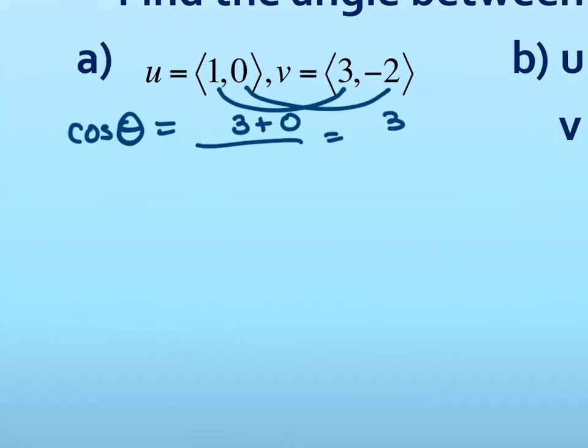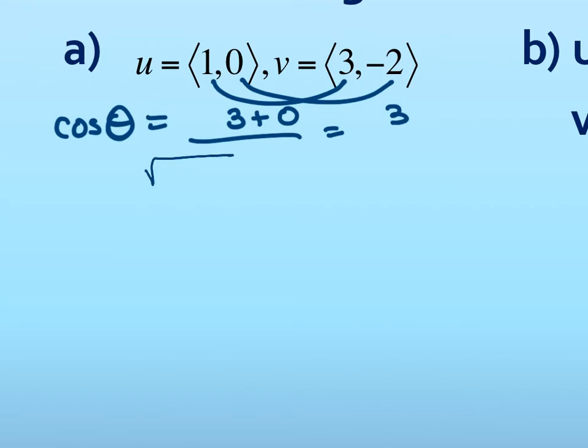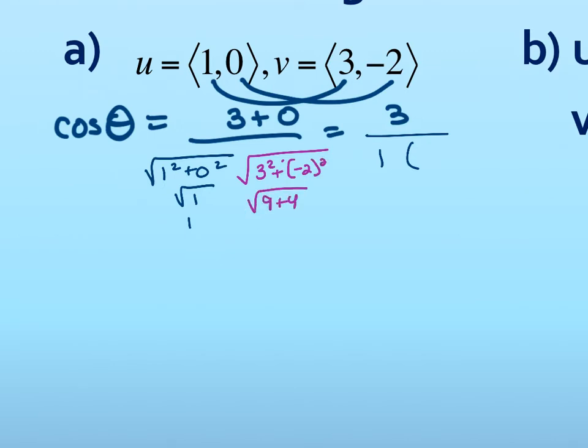And then in the denominator, the magnitude of u would be the square root of 1 squared plus 0 squared, square root of 1, which is 1, times the magnitude of v, which is the square root of 3 squared plus negative 2 squared, square root of 9 plus 4, which is the square root of 13.